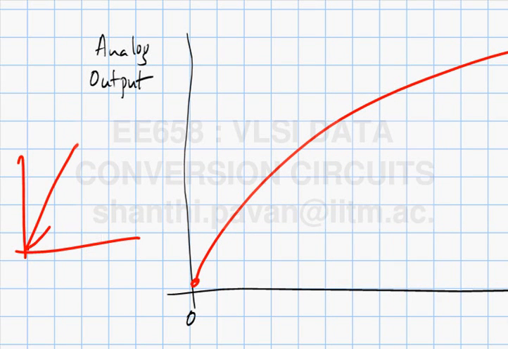this is what you would expect the curve to be ideally. Let's say the LSB size was slightly off, then what you would actually measure would be something like this.